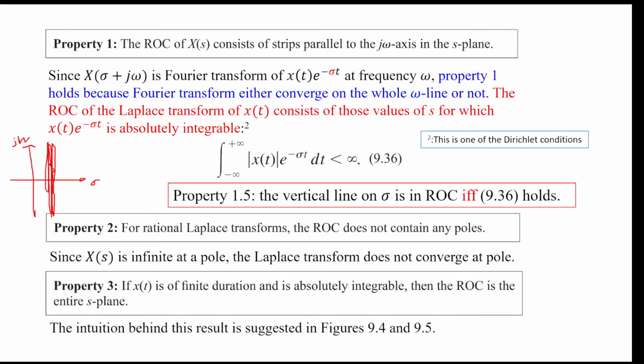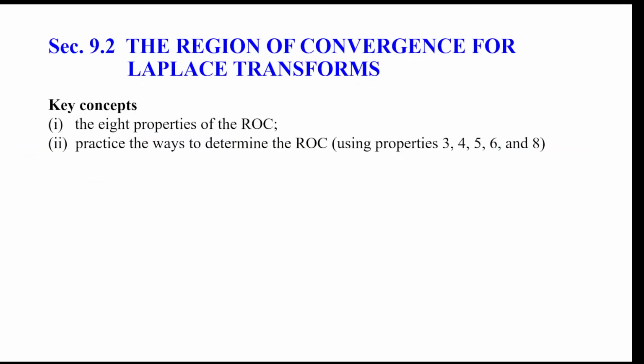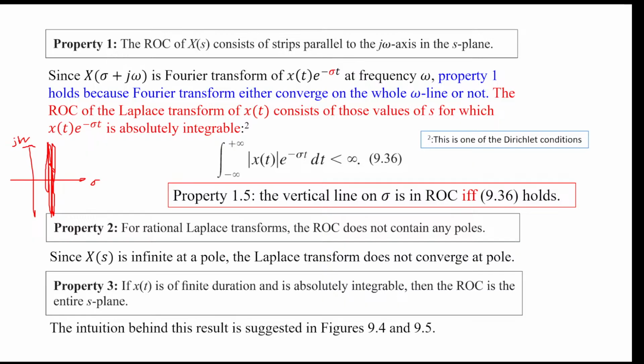So this is a property, and it can also be derived from this property, right? We say some point is inside the ROC if and only if this integration is finite.